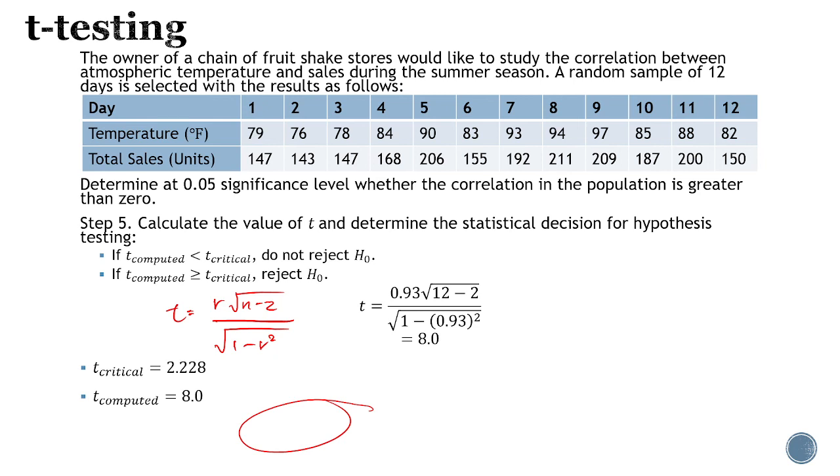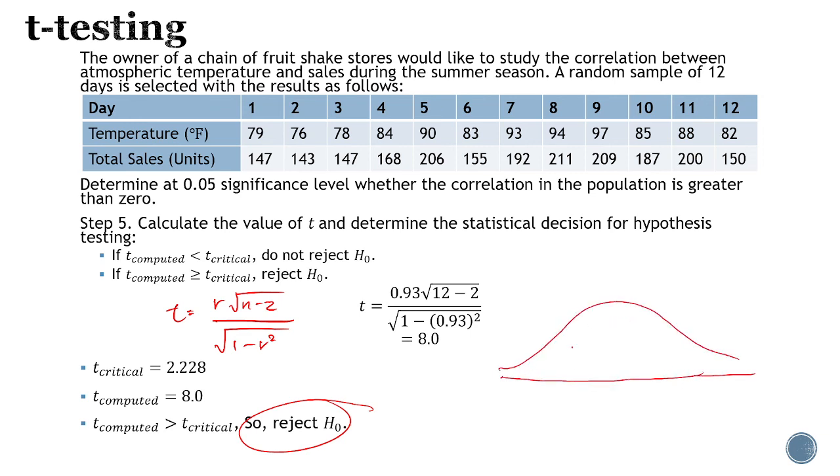And as you can see here, T computed is greater than T critical, so we reject HO. So, pakita ko lang kung anong naging itsura nun. So, kumbaga, dun sa ating pinakitang graph kanina or dun sa normal distribution, ang ibig lang sabihin nito, itong point na ito ay pwedeng nating iset na negative 2.228, and this part is positive 2.228.